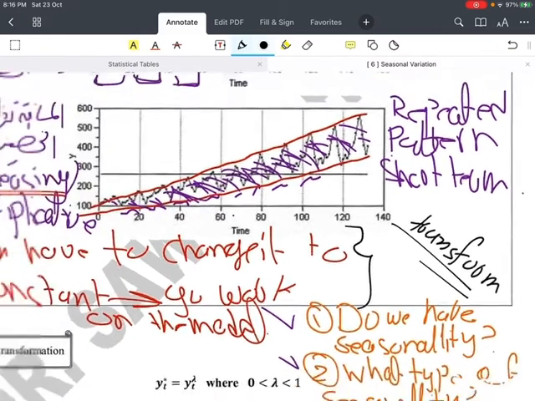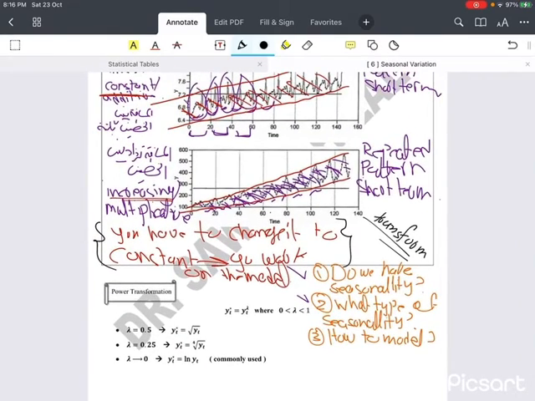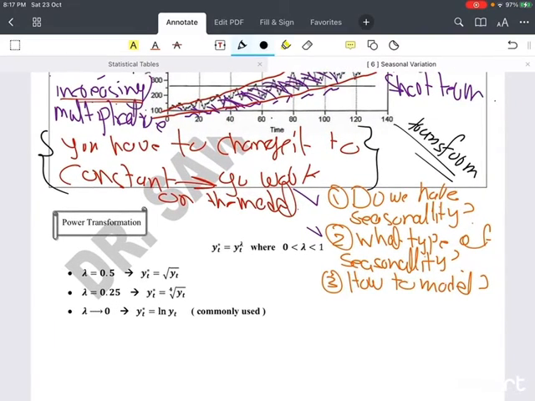So when you change the seasonal variation, it will be a process named transform. This transform we will call a power transformation. Why? So you can put a tick here, because we know how to model.